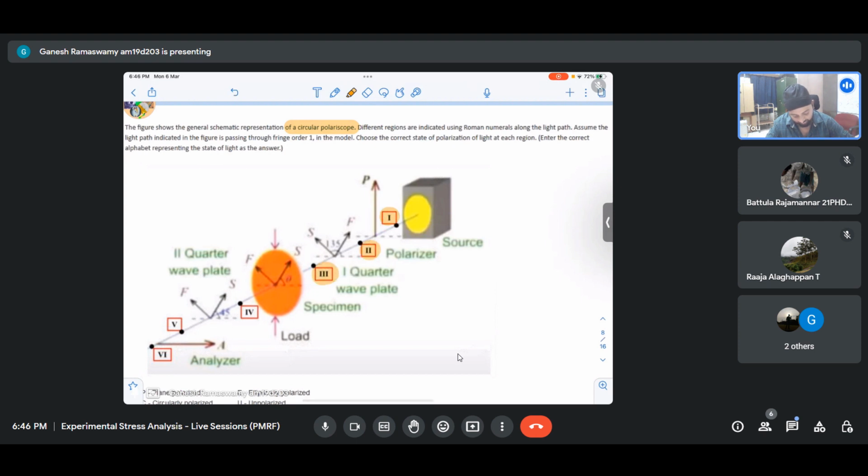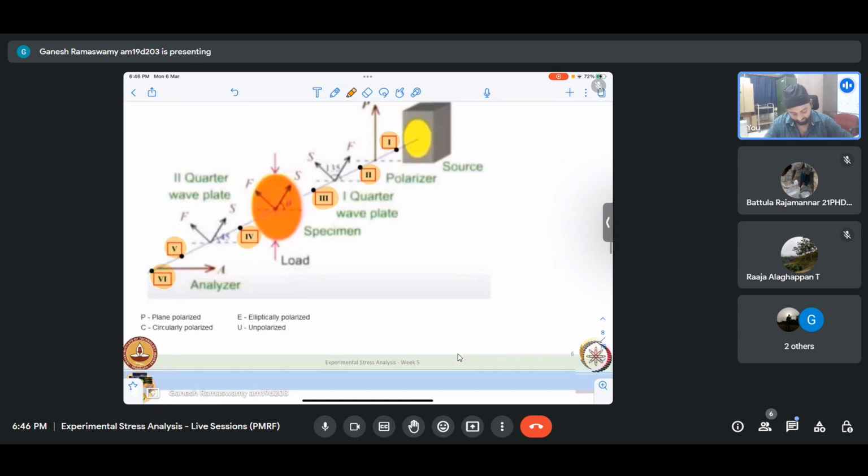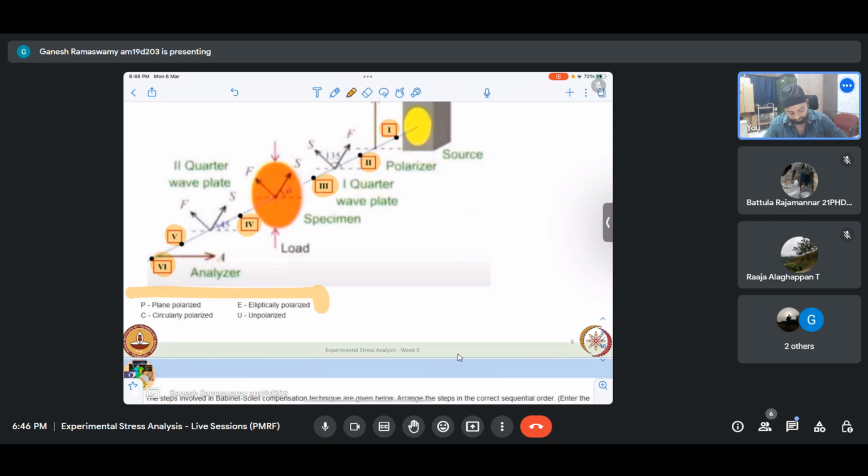Assume that the light path indicated in the figure is passing through fringe order 1. Why we have gone for this assumption is something we need to understand first. Choose the correct state of polarization of light at each region. Enter it based on the alphabet. They have given some options. P stands for plane polarized, E is elliptical, C is circular, U is unpolarized light.